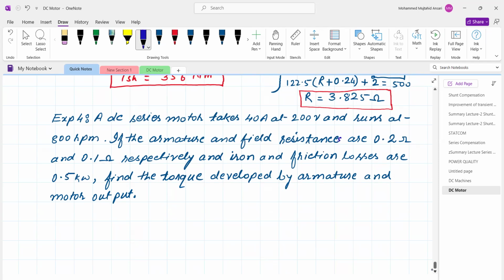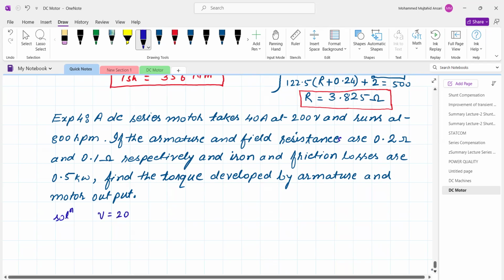So it needs the understanding of power stages, which we already discussed. Given that the voltage is 200 volt, and the current, which is both the armature current and load current, is 40 ampere.